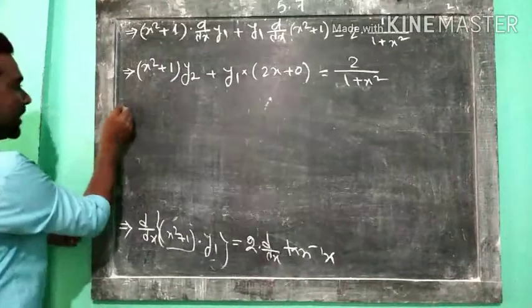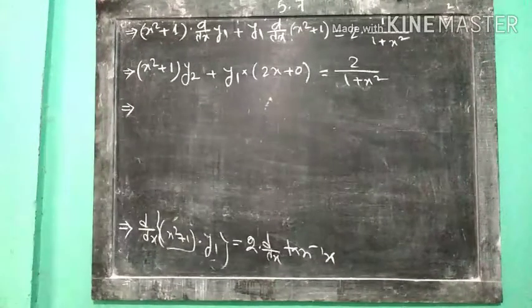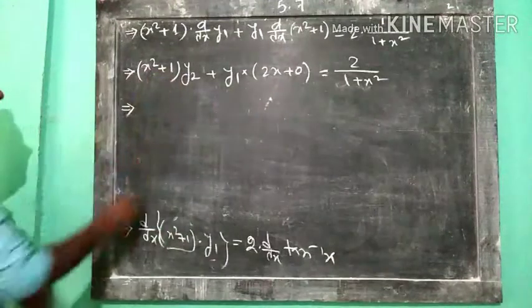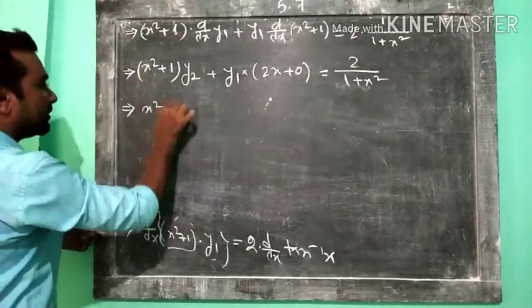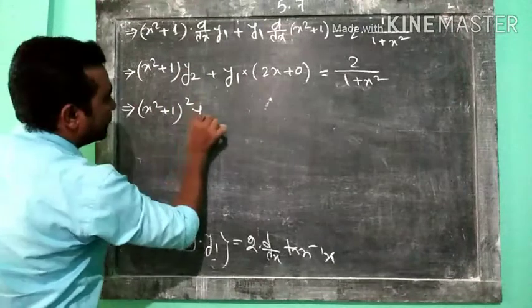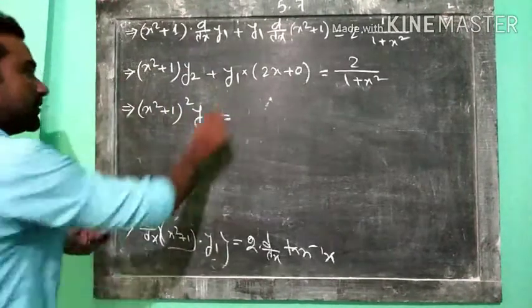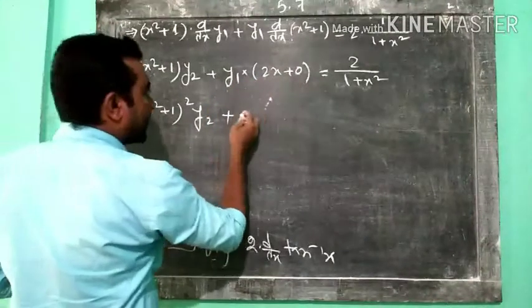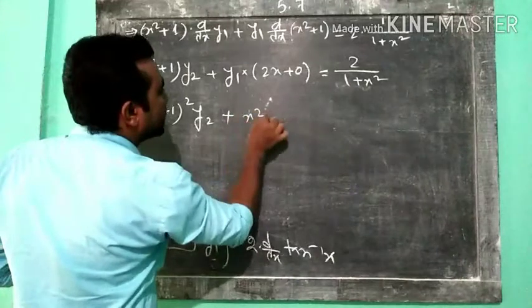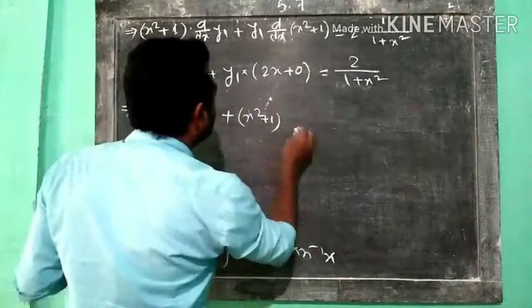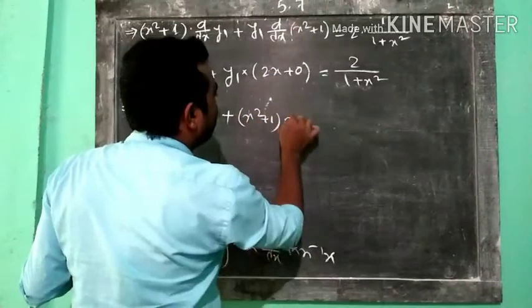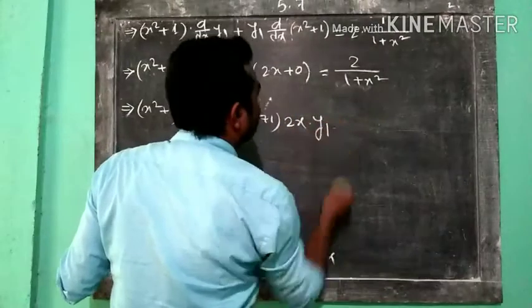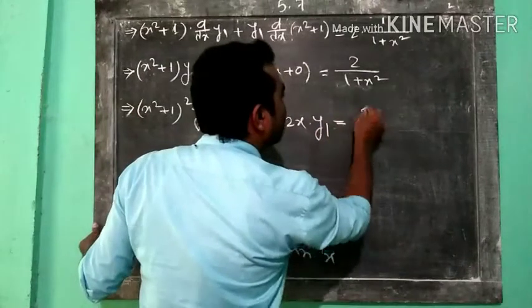Now multiplying both sides by x square plus 1, we get (x square plus 1) whole square into y2 plus (x square plus 1) into 2x y1 equal to 2.